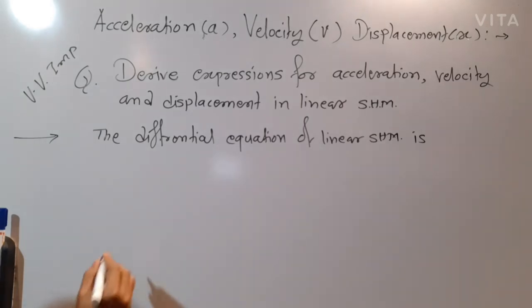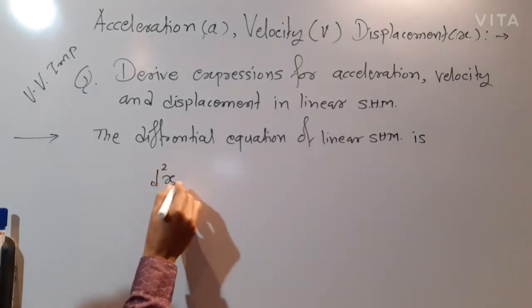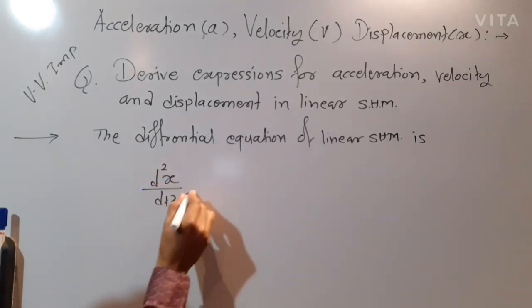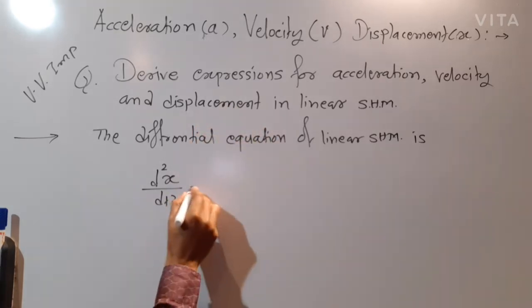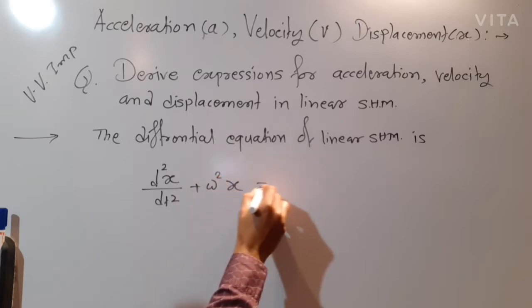We know that the equation is d2x divided by dt square plus omega square x is equal to 0.